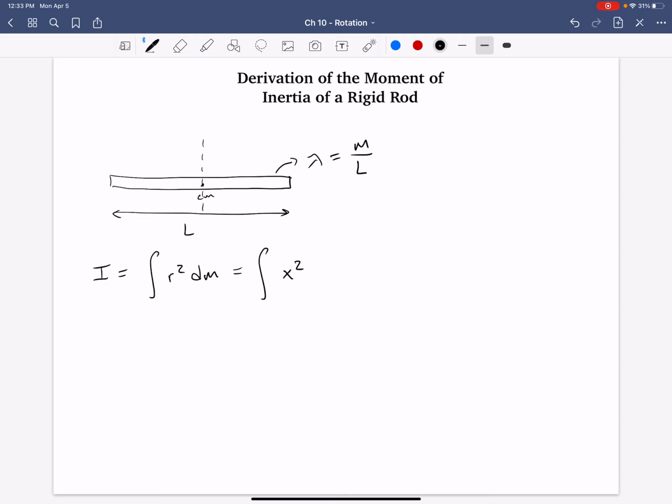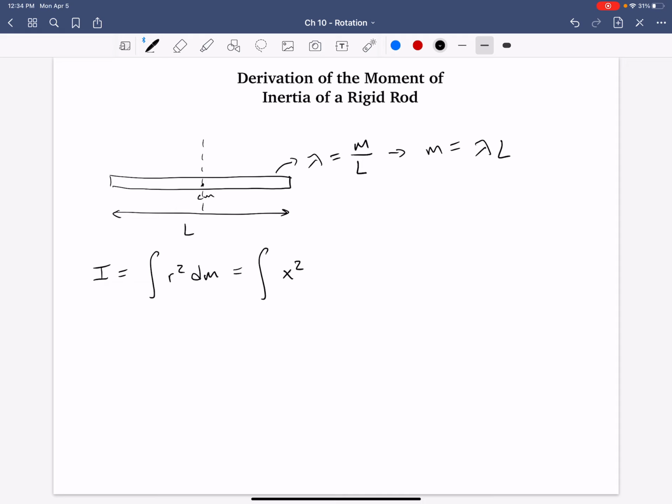And dm, we don't actually know what that is, but we have a way to find what that is, okay, using lambda, the mass density, in other words. So solving for m, we have lambda times L, okay? And this is the overall mass. But what if we wanted a differential mass?